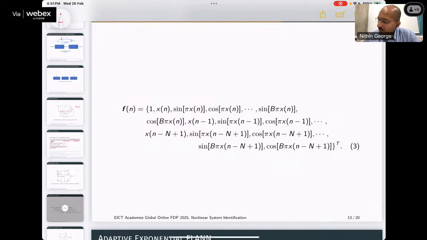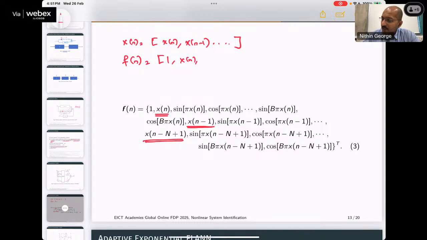see, what were our normal filter inputs? x of n minus 1, x of n minus something. These are what were there in the FIR filter, which we saw earlier. Now I have this x vector, which is x of n minus 1, etc. Now I create a new vector f, which is equal to 1, x of n, sine pi x of n, cos pi x of n, etc. So if the first x vector is of dimension 10, my FIR filter would have had only 10 multipliers because I was in the 10 dimensional space.